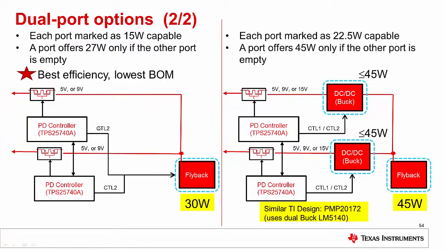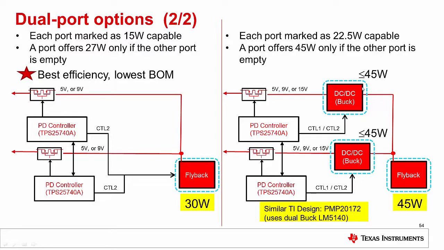This is a third option for a multi-port charger, or specifically here, a dual port charger. The right-hand side shows the same shared capacity charger as the previous slide. The left-hand side shows a different architecture, a different way to achieve this. Obviously, the very first thing you see is there's no DC-DC converter here.